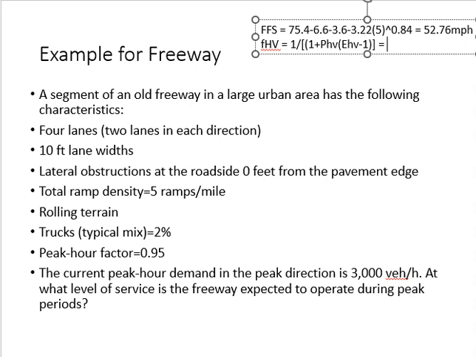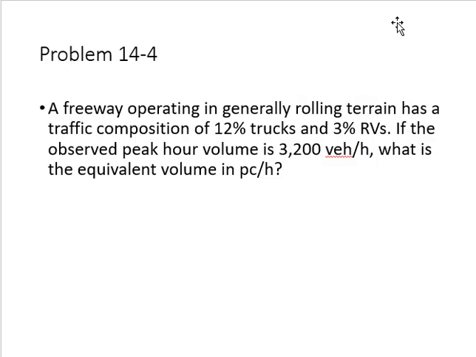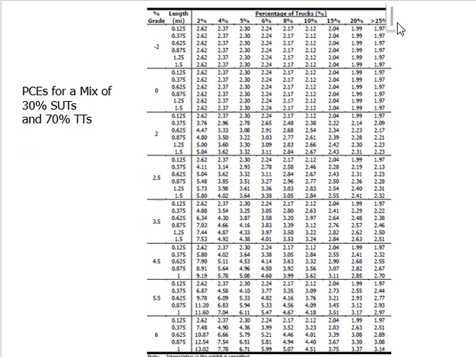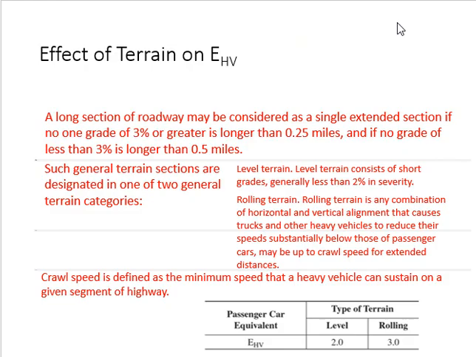EHV depends upon what? What should I know to find the value of EHV? I have some tables for EHV, right? I have 4 or 5 tables for EHV. This one, and also this one. So how do I decide which table to use?